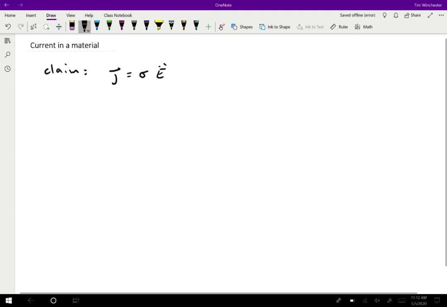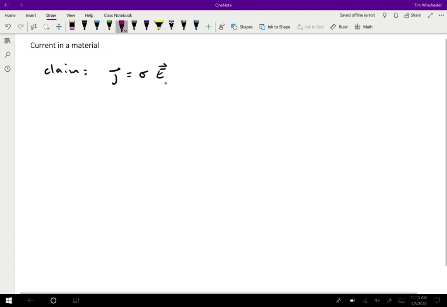All right, so essentially what this is claiming is that if I increase the electric field that a conductor is exposed to, then the flow will increase, which seems sensible enough. However, there is a little bit that is mysterious about this, and it's not obvious that this should be true.